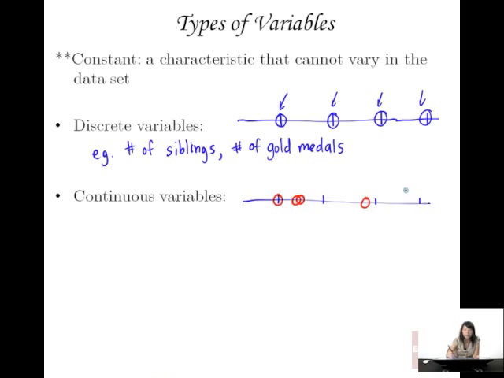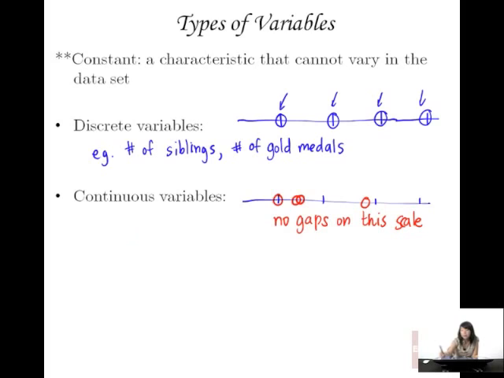One way to think of this is that there are no gaps on the scale. Any value can be part of this variable. In discrete variables, only certain values can take part.